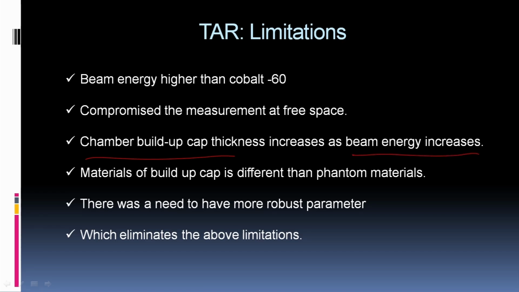We discussed this during electronic equilibrium in our measurement class, and you may correlate that phenomenon with these limitations of the TAR, because in free space the measurement is very much compromised and questionable when the beam energy is higher than cobalt 60 radiation.